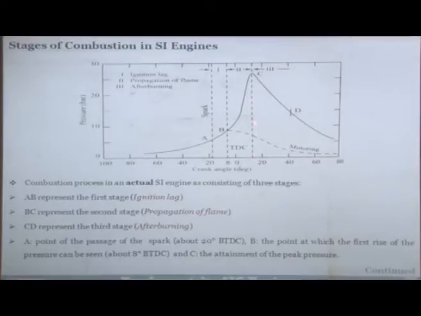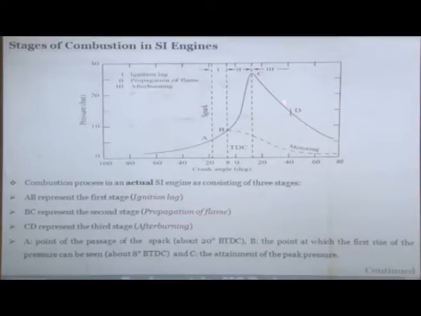And this peak will be few degrees after top dead center. This is the second part of the combustion, which is called propagation of flames. By the time you reach the peak, most of the charge, meaning the fuel air mixture, has burnt, and then you have this sliding down.